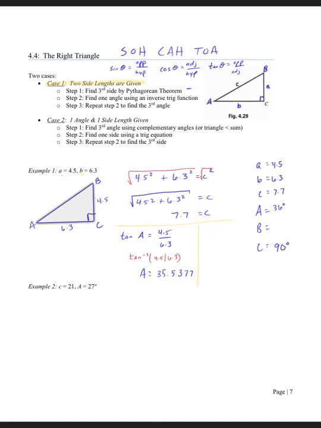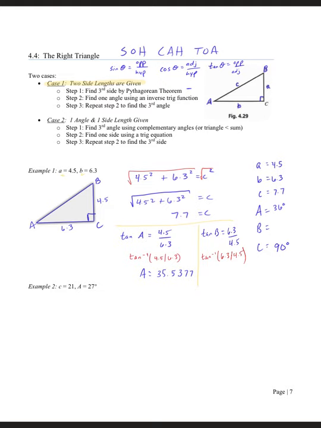So now again, I'm going to use tangent, but this time of angle B. Opposite of angle B is 6.3, adjacent to angle B is 4.5. So now in the calculator, I'm going to type second tangent again, and then type 6.3 divided by 4.5. So it's almost the same as last time, but just my numerator and denominator are in opposite spots.